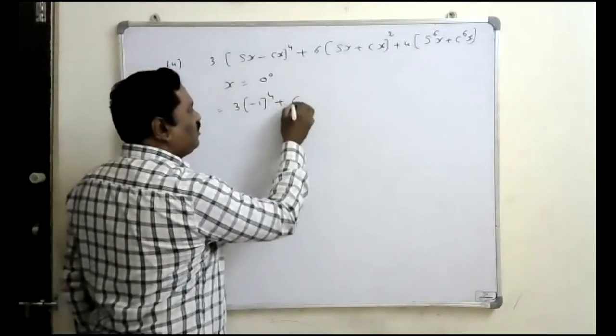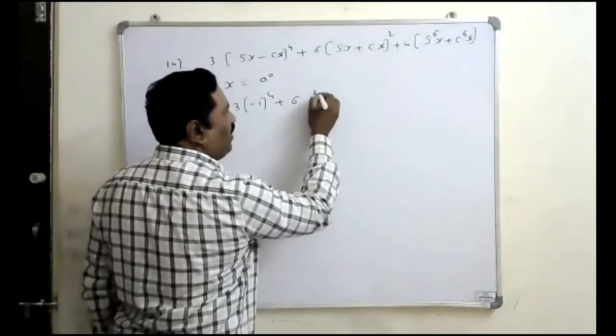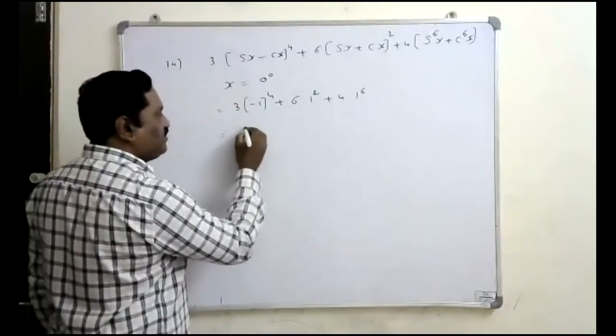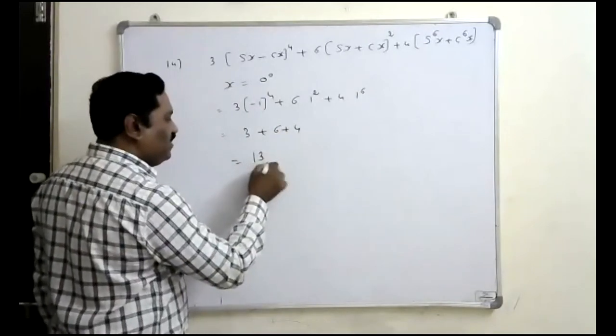Plus 6 times, sin 0 is 0, cos 0 is 1, that means it is 1 square. Plus 4 times, it is 1 power 6. Therefore, the answer is 3 plus 6 plus 4, that is 13. Directly, we get the answer.